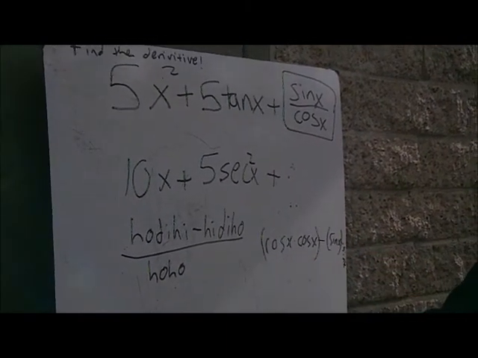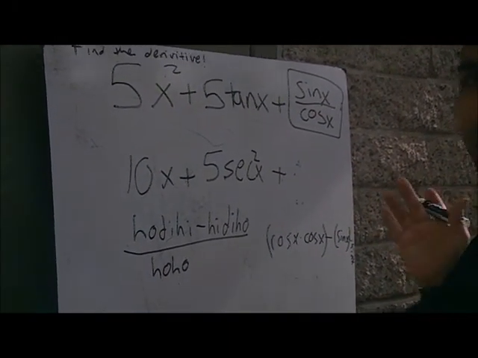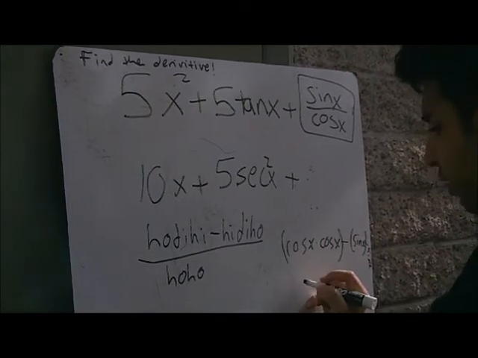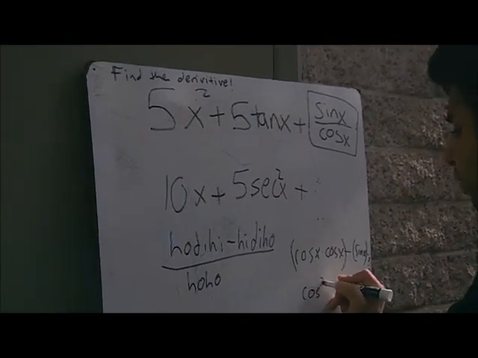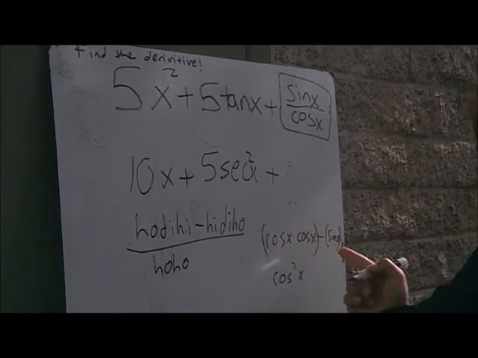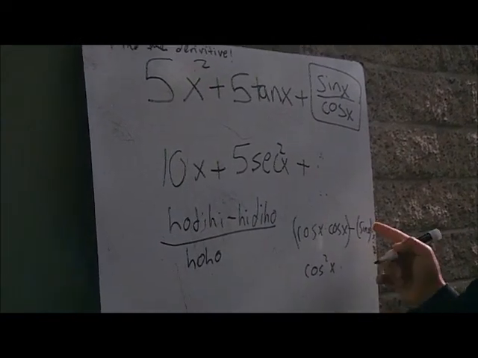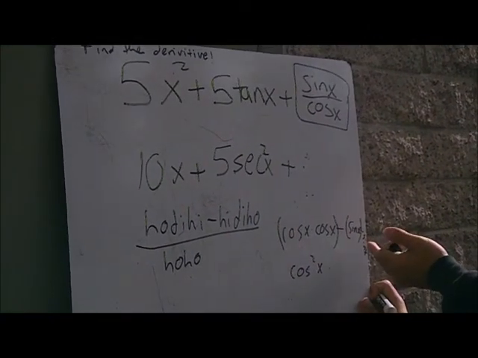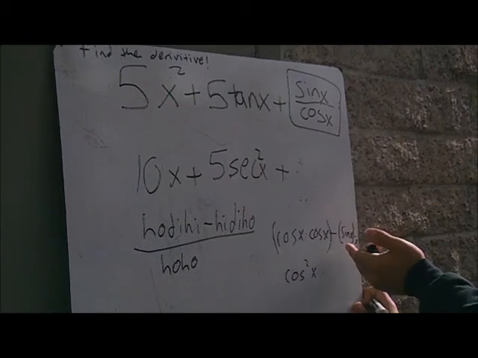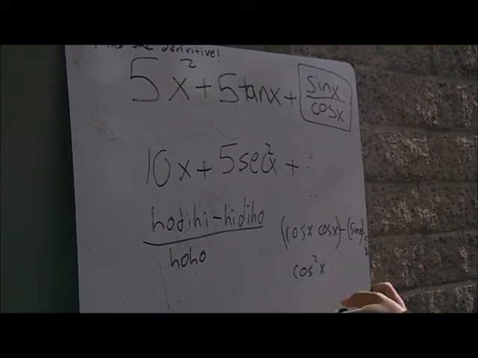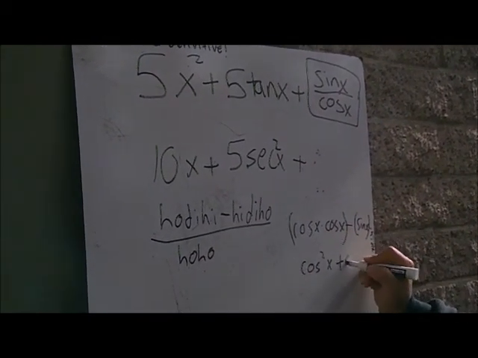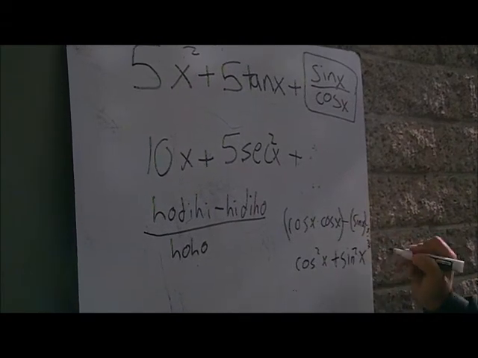Sine x times negative sine x is negative sine squared x, but since we are subtracting it, we simply put plus sine squared x.